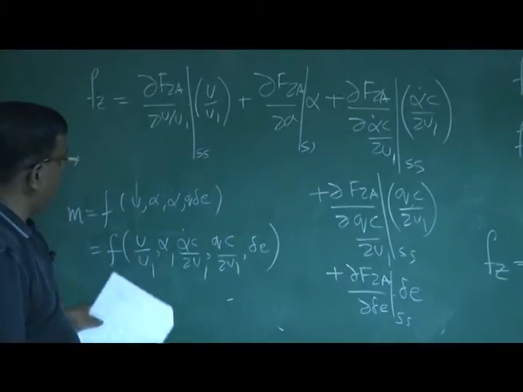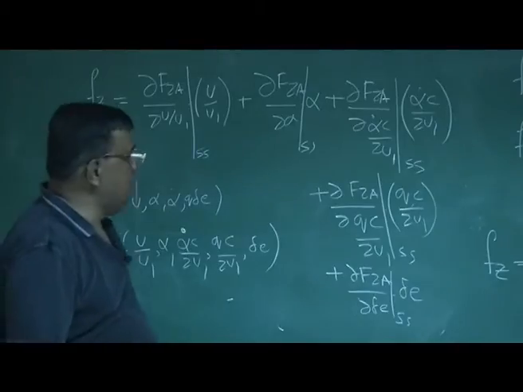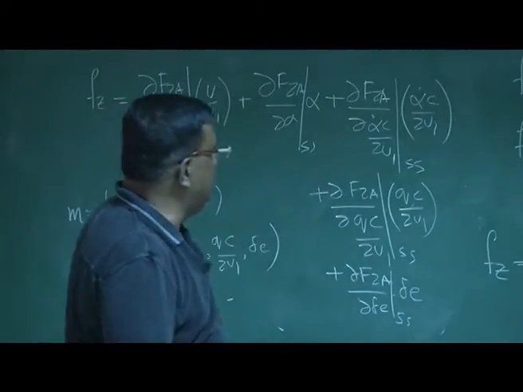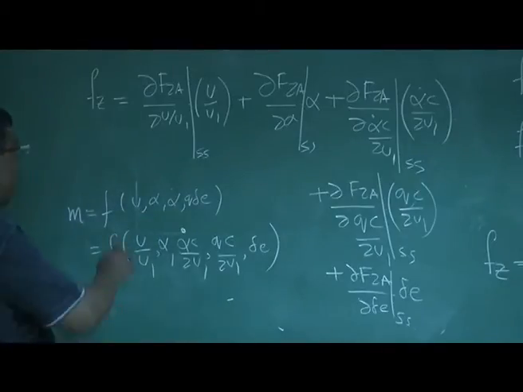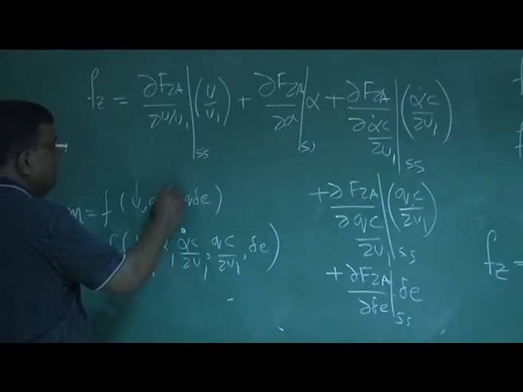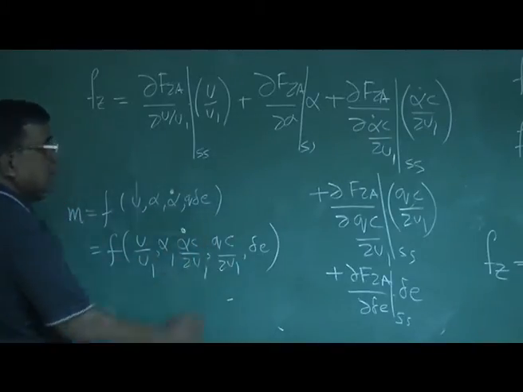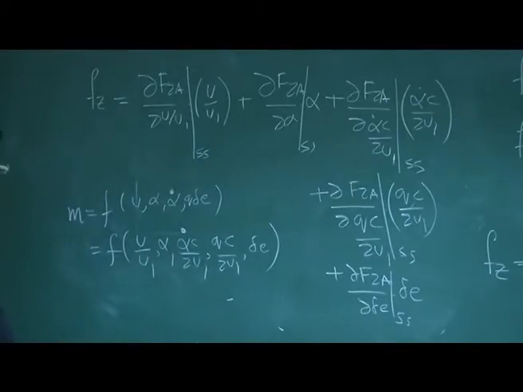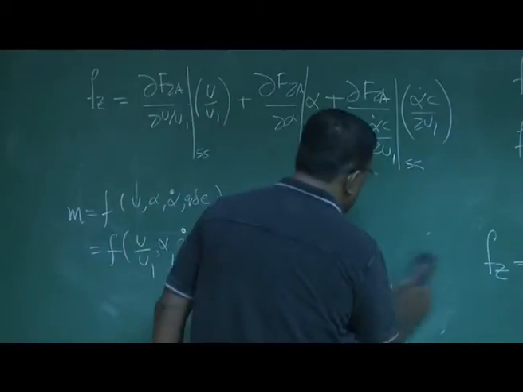Right? What have we done? We know that finally we are going to change alpha dot and q to alpha dot c by 2u1. So we have mathematically placed u by u1, alpha dot as alpha dot c by 2u1, and q as qc by 2u1 and delta E, to make our life simpler. Okay? So now if I write the expansion, what do I get?